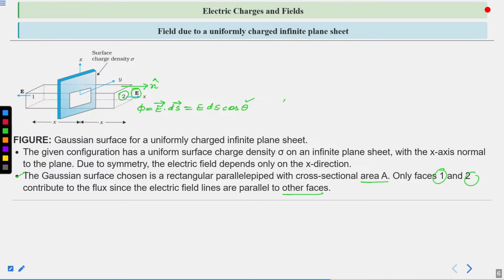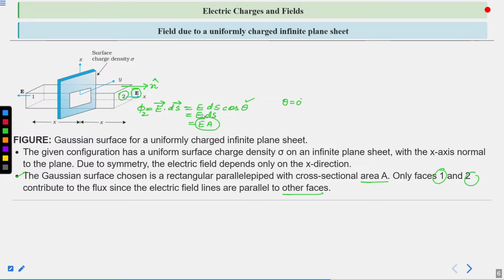It means theta is 0 degrees. Substituting, you get E ds, and ds is the cross-sectional area, that is EA. So the flux through the second phase is E into A.